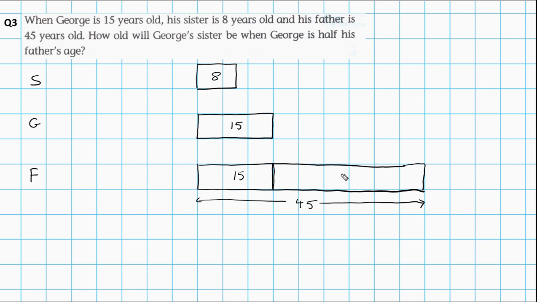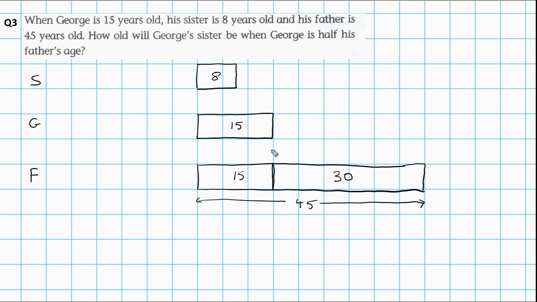What will that make this part? Well, if that's 15, this is 45, that must be 30. And this is going to help us visualize how many years we need to add on till we get to this situation where George is half of his father's age, because he's not half his father's age yet, is he?